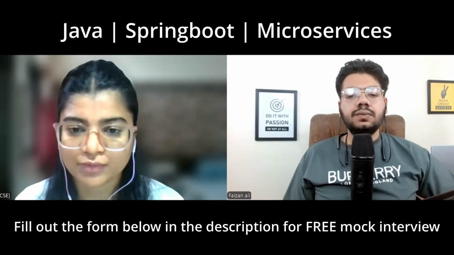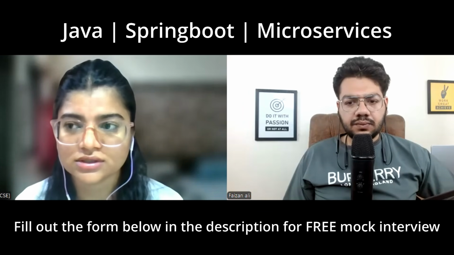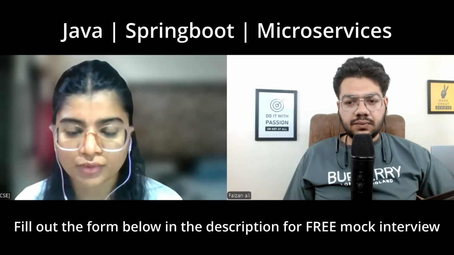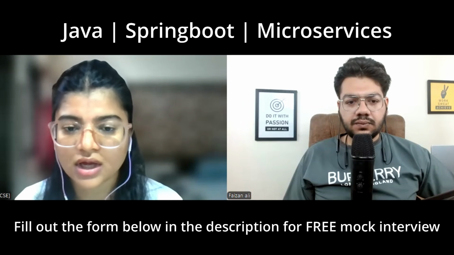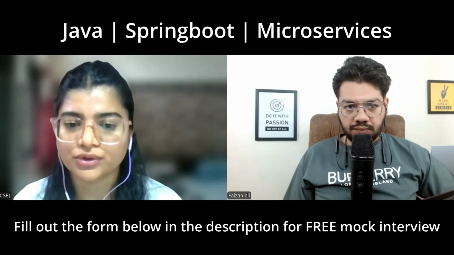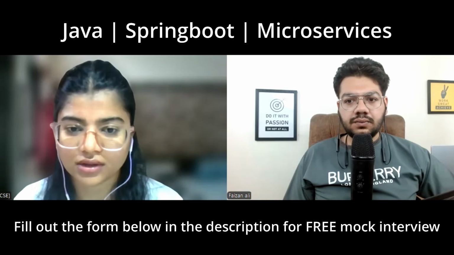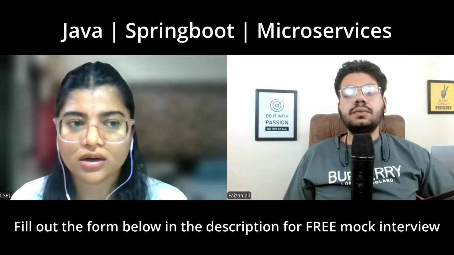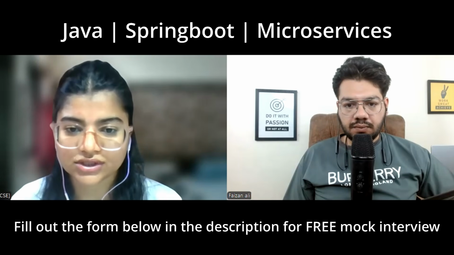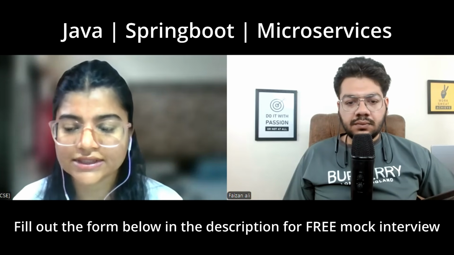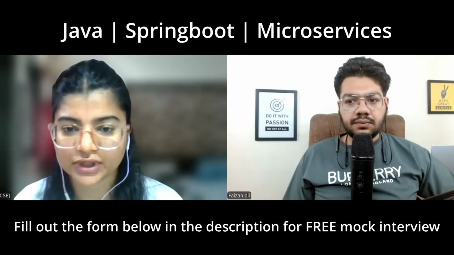But Spring Boot is built on top of Spring. Spring Boot provides auto configuration, embedded servers like Tomcat, Jetty, and Undertow, and dependency injection. Spring Boot is basically a bootstrap for the Spring framework.